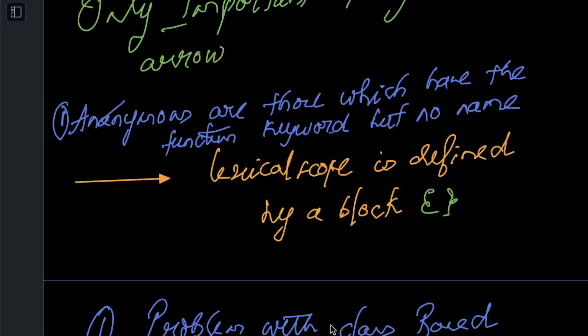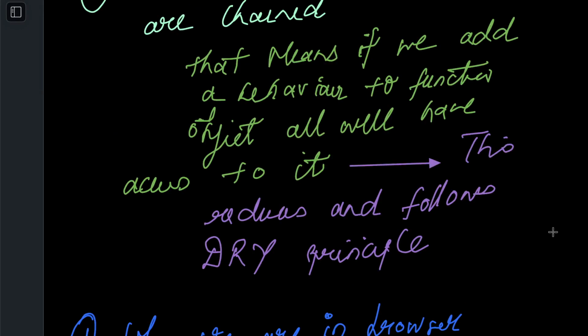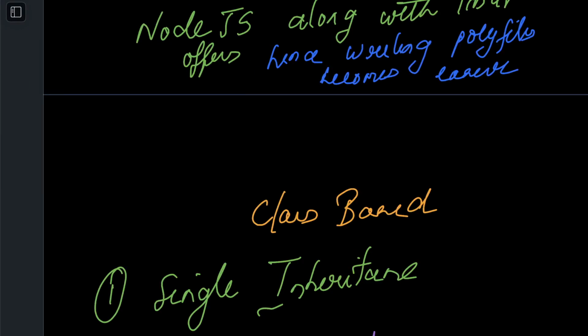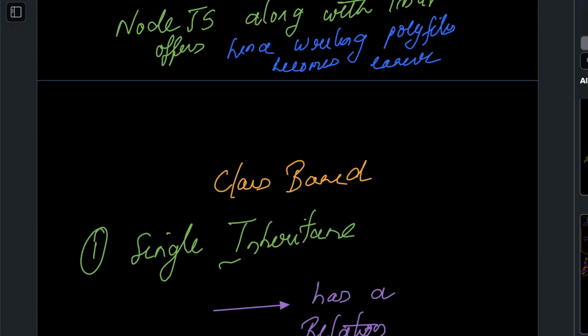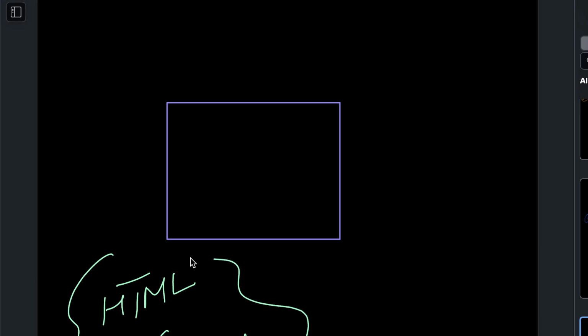The reason is that the browser can only understand three things. Even if you write in another language, it can only understand HTML. The next thing it understands is CSS. The next thing it understands is JavaScript, right? These are the only three things it can understand. Hence it is called the language of the web.